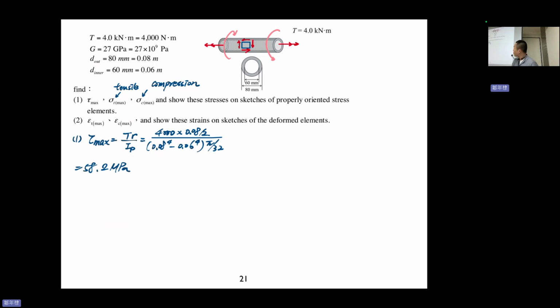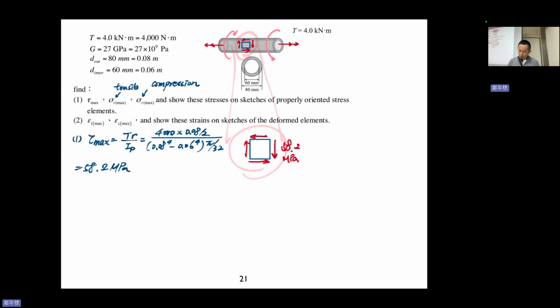Because you have the highest tau in the pure torsion case, right? So let's draw the shear stress element here for the maximum shear case. So it will be down 58.2 MPa, and right hand up, left hand down. So you can see that this is exactly what it looks like here, right?